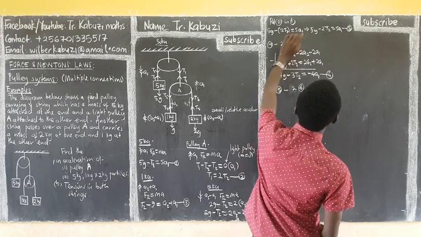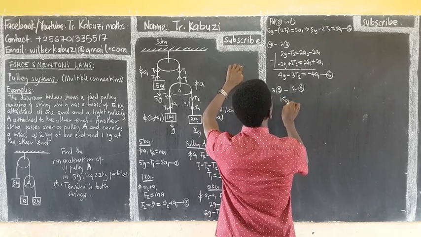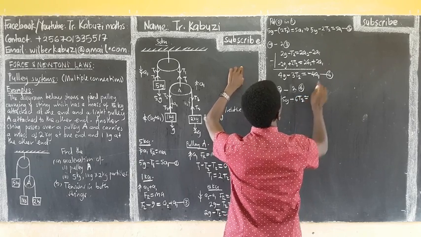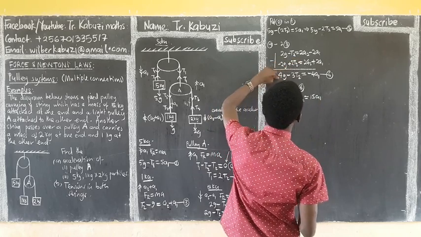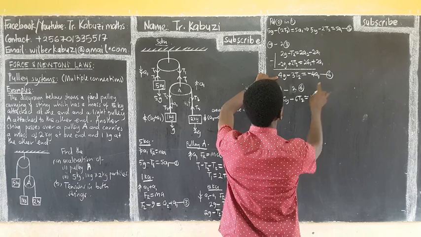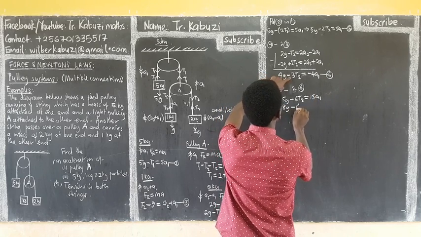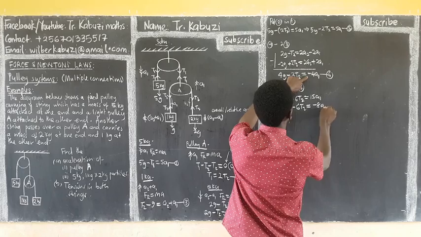So 3 in equation 5, we have 15g minus 6T2 equaling 15a1. Then here we multiply 2 in equation 6. This will give us 8g minus 6T2 equaling to negative 8a1.